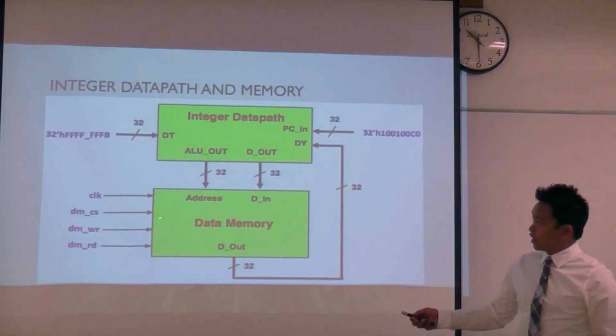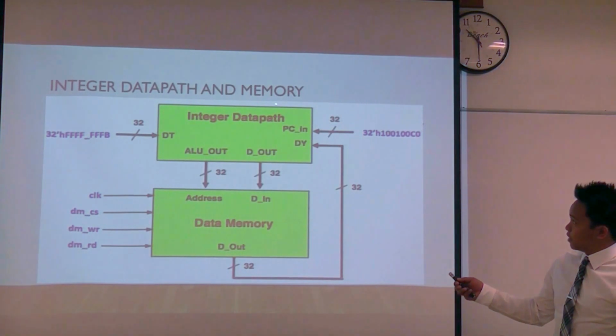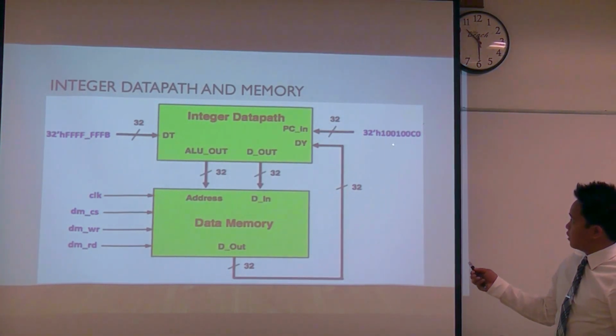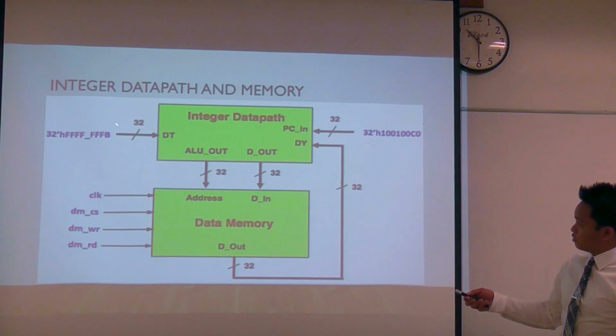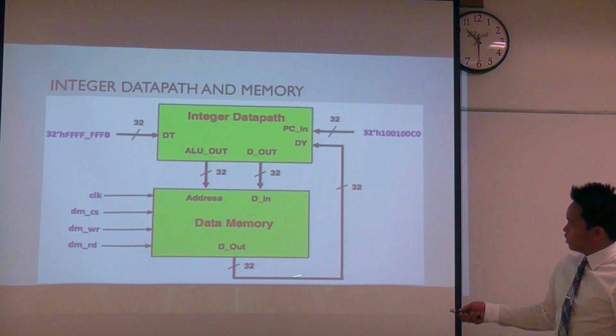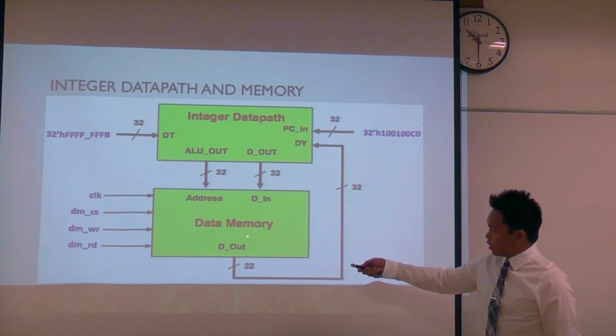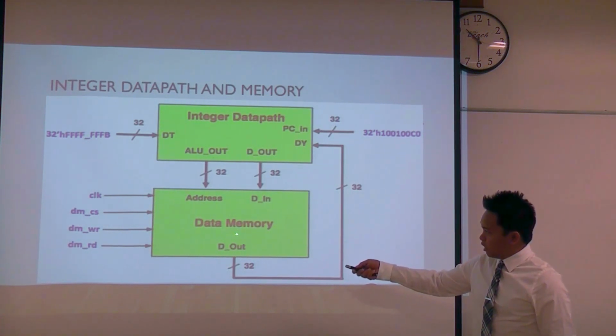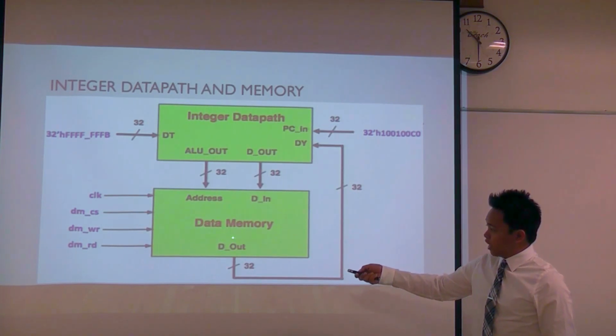So here's a block diagram for the integer data path in memory. We just tied PC to an arbitrary value, tied the data coming in to an arbitrary value in data memory. This was a 1K by 32 data memory module, which had tri-state outputs.